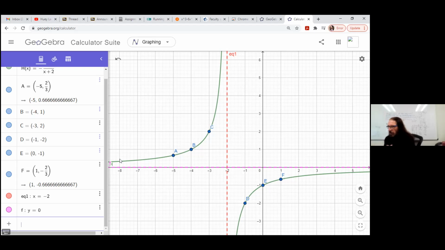We haven't quite gotten to that yet, but it could happen. In this case, it's not going to happen. There's no way to have a value of x that would make this equal to 0. y equals 0 is our horizontal asymptote. And that gives us our range is that y is not equal to 0.